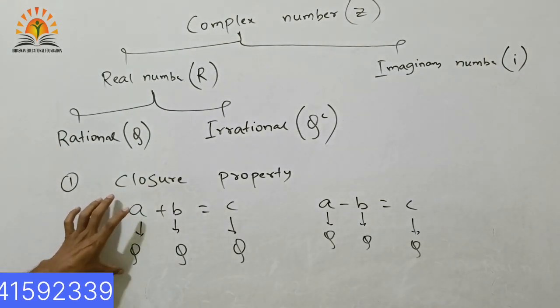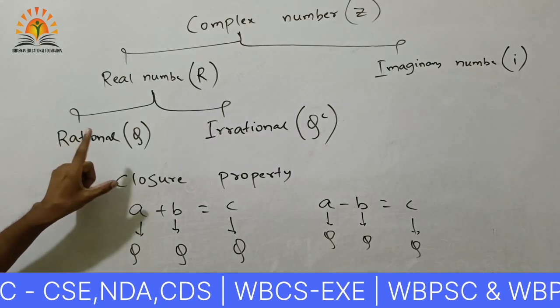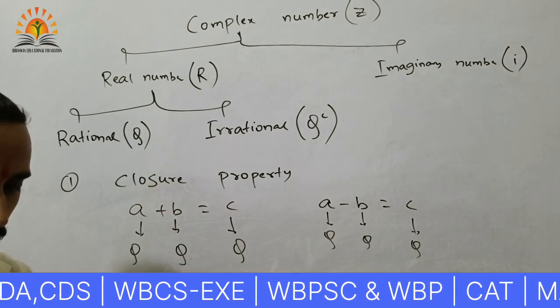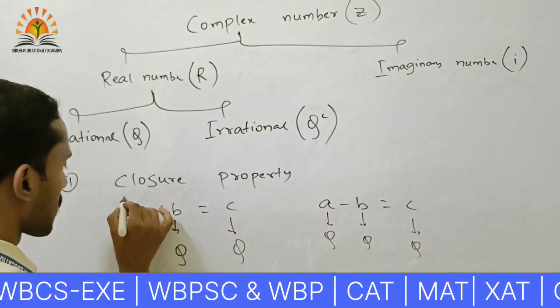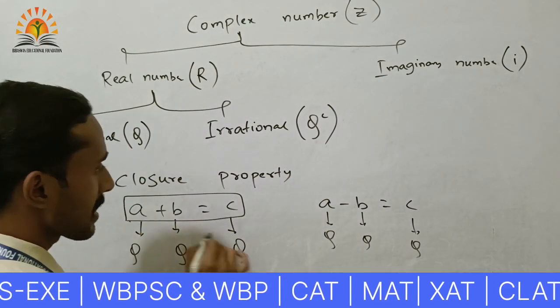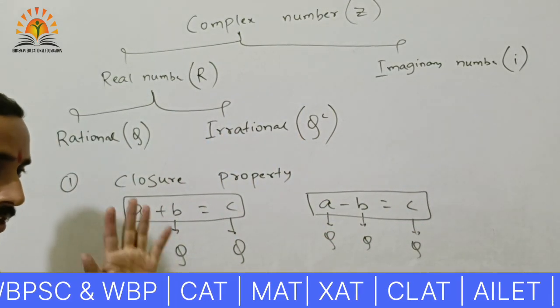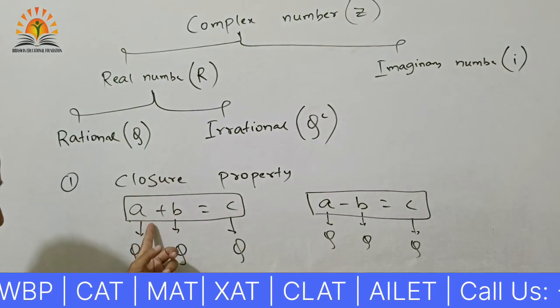So in addition and subtraction, closure property is followed by rational number. Understood? What is the point? This is known as closure property: this is the addition of closure property, and this is the subtraction of closure property. But the question is, in natural numbers, is closure property followed?